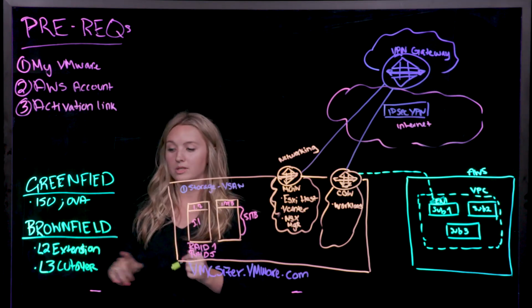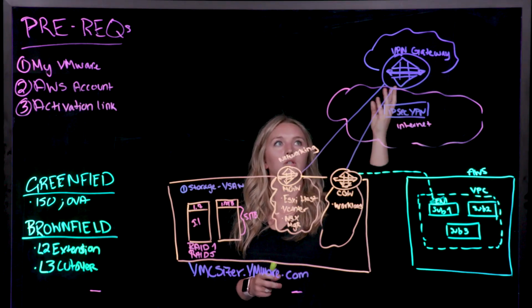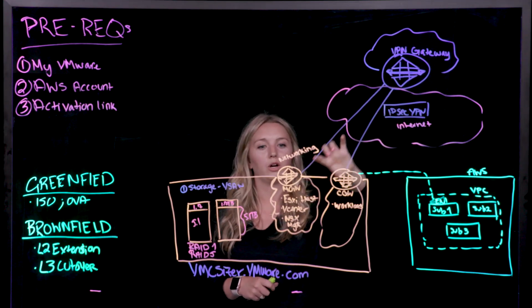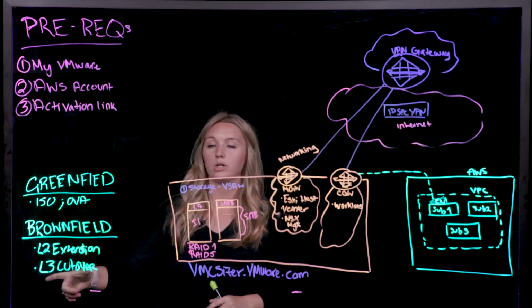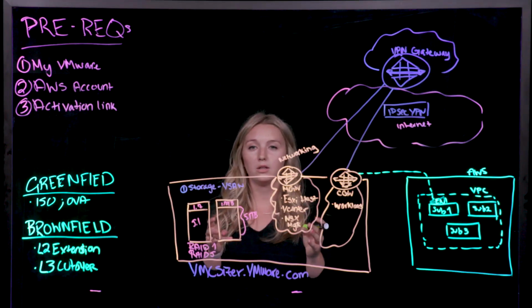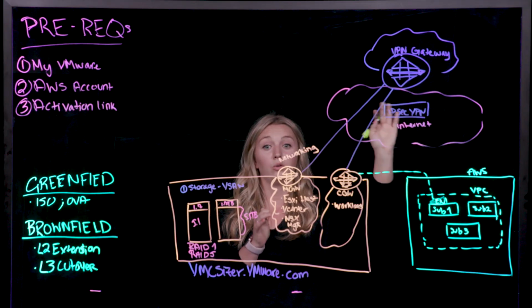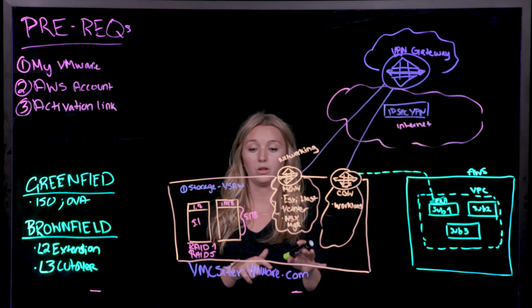So with L2 extension, this would be if you just completely drag your networking environment over into your VMware Cloud, whereas L3 cutover would be if you replicate your networking environment, turn it off on your customer site, and then spin it back up on the VMware Cloud site.